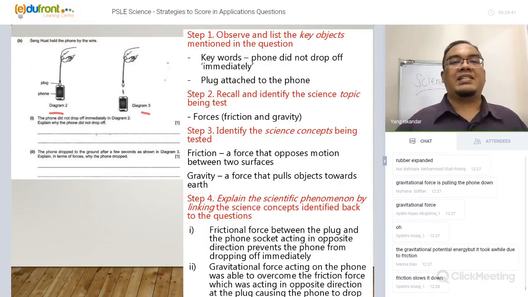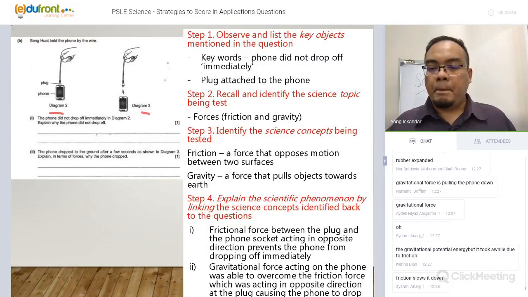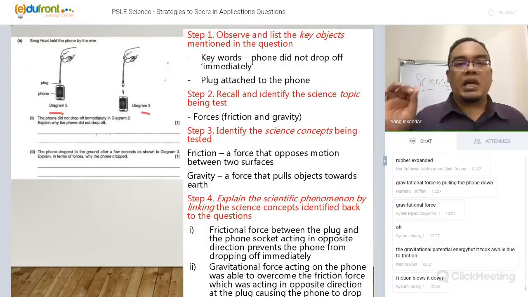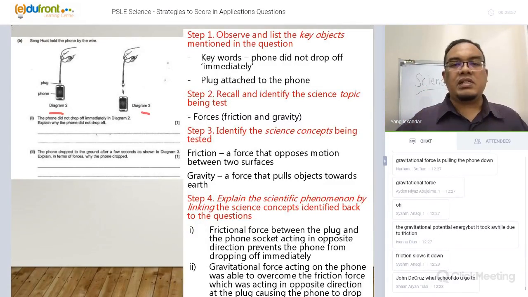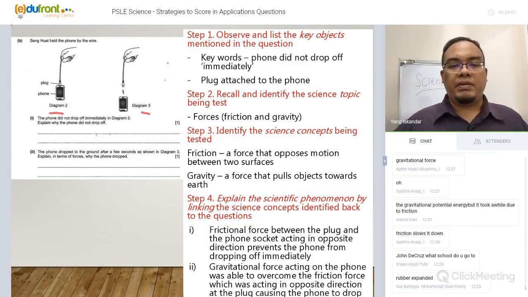There is something else, another concept that is relevant here. Ivana says gravitational potential energy. Please don't confuse gravitational force and gravitational potential energy. I've already mentioned many times in my class, gravitational potential energy is totally another topic, the topic of energy.